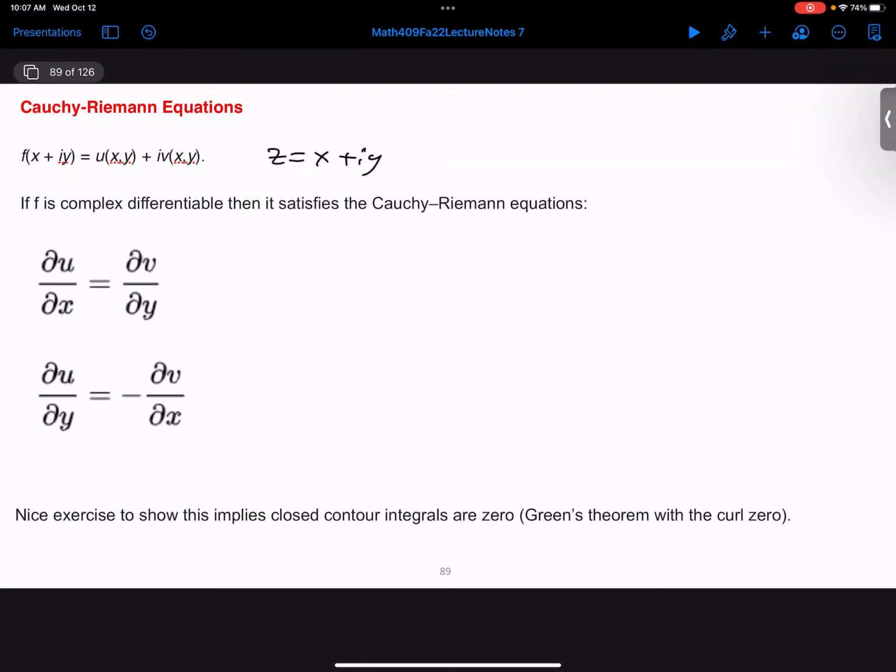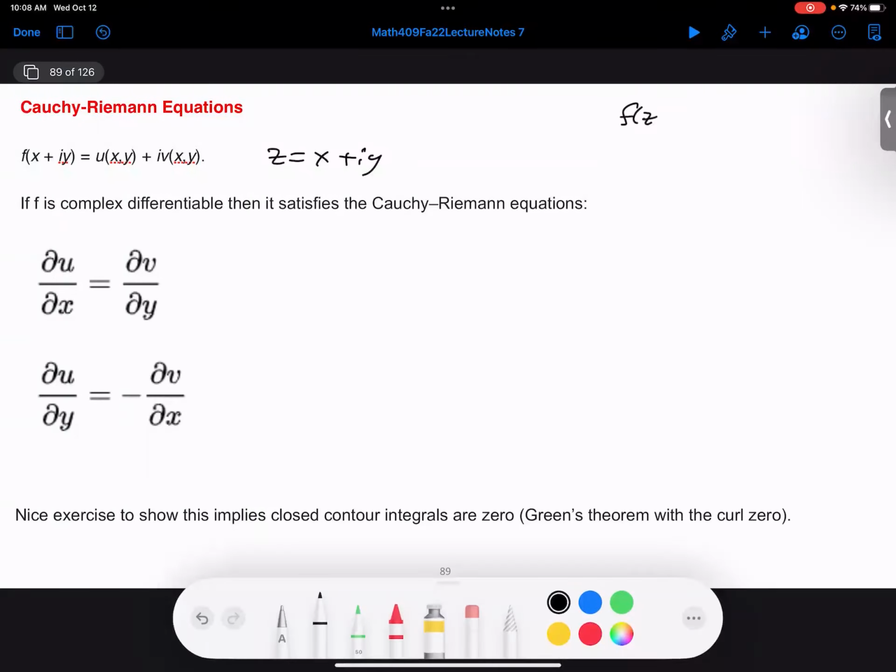What's the next simplest function we could take? f of z equals z, and after f of z equals z, what could we take? z squared. So let's do f of z equals z squared. f of z plus h would be z squared plus 2zh plus h squared.